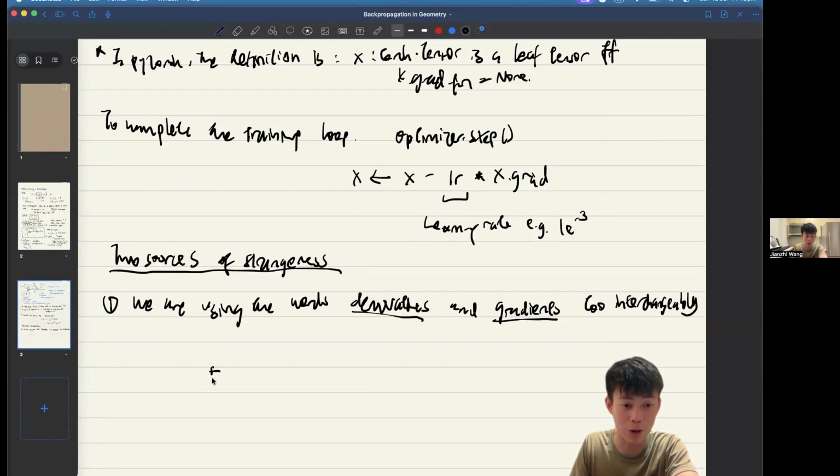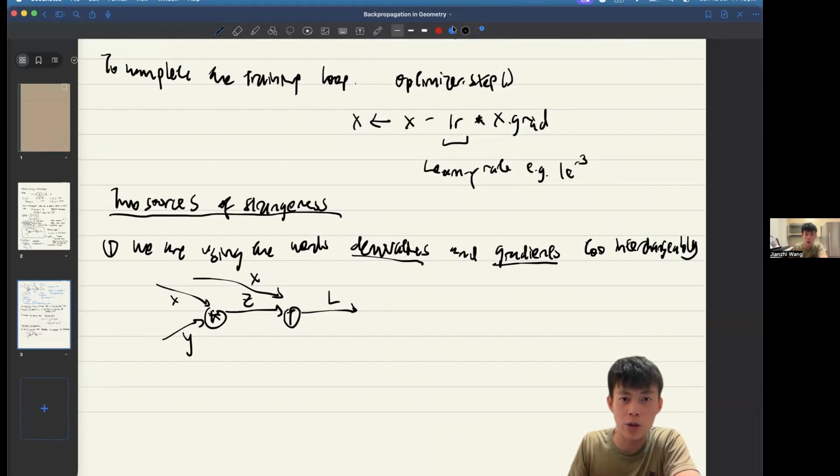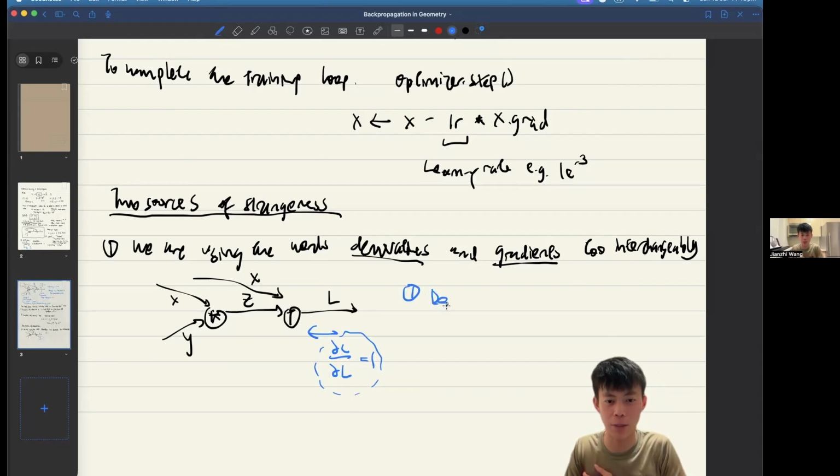So if I were to draw the computation graph again, when we are doing our backpropagation, partial L over partial L is equal to 1. What precisely is this thing that we are passing back? From the perspective of derivatives, we understand derivatives as sensitivity. So this 1 represents that at this moment, if I were to increase my loss by delta L, I would expect my loss to be increased by delta L. You heard that right.